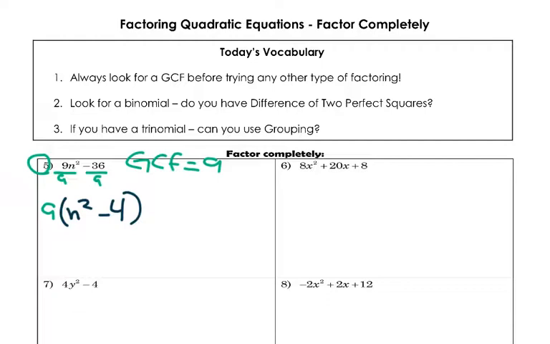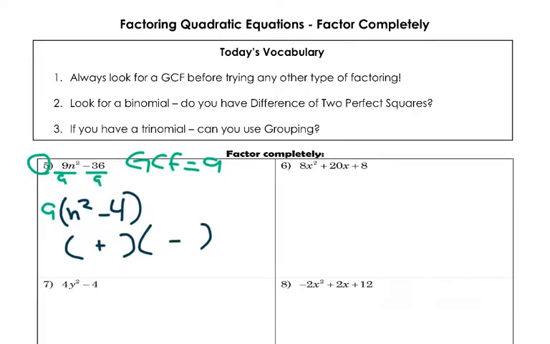But it is a binomial. And does it qualify for a difference of two squares? Well, I would need them both to be perfect squares, and 4 is a perfect square, and the operation between them is subtraction. So yeah, I could do difference of perfect squares here. So I set up one adding and one subtraction.